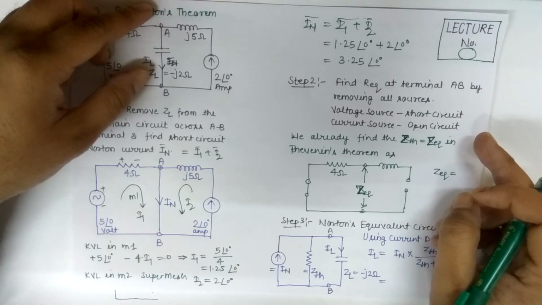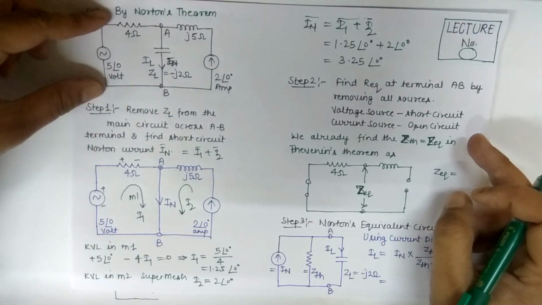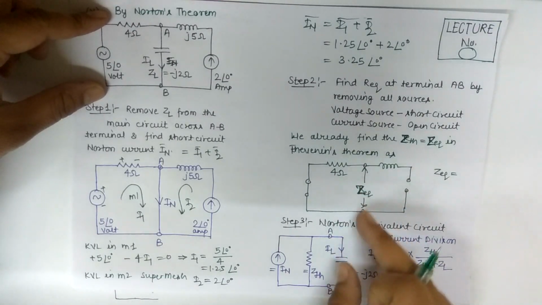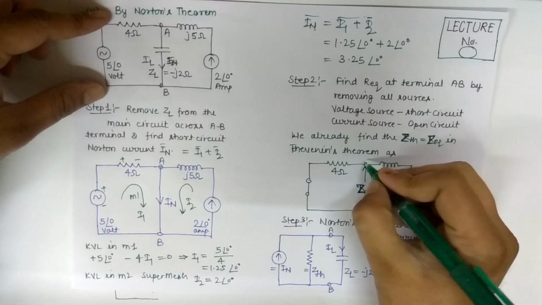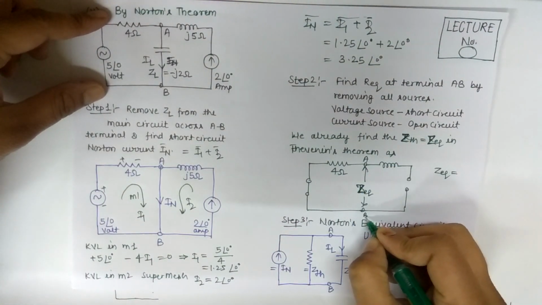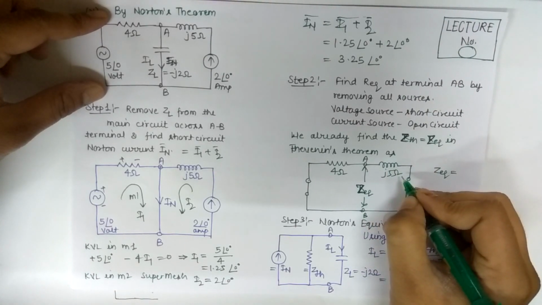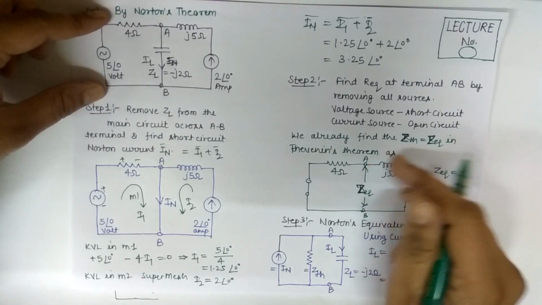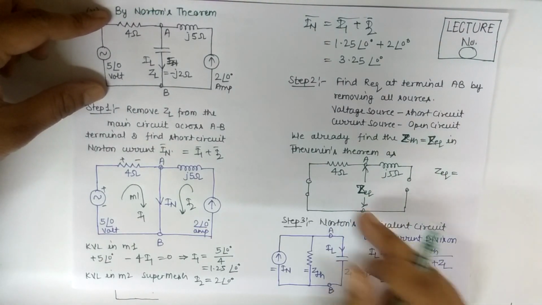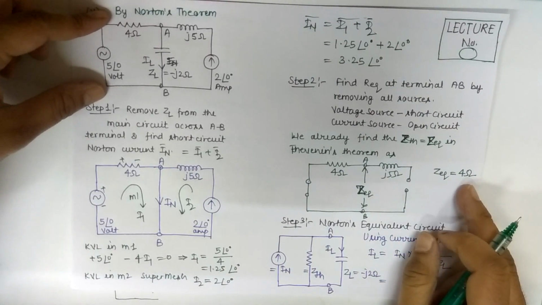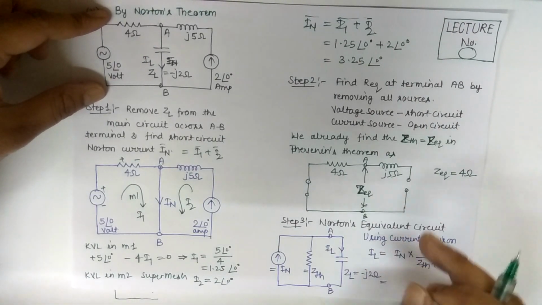Now in the main circuit, where we removed this ZL, find out Z equivalent at terminal AB. So we already know we cannot consider this j5 ohm impedance because it is open circuit. So Z equivalent is 4 ohm. We already found Z equivalent in Thevenin theorem in the same lecture.